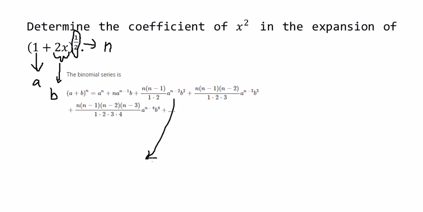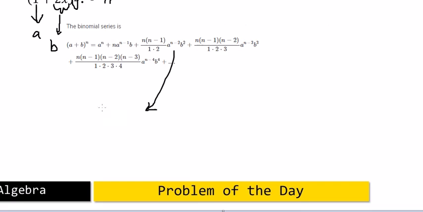So we put 1/2 as n, and we have 1/2 minus 1, multiplied with 1, multiplied with number 2 in here.